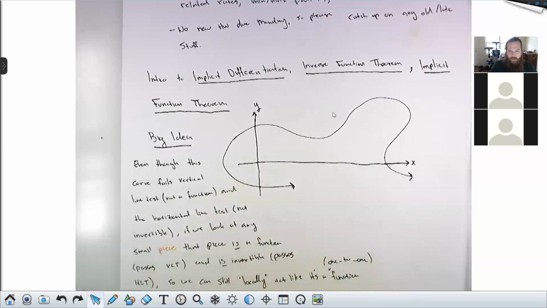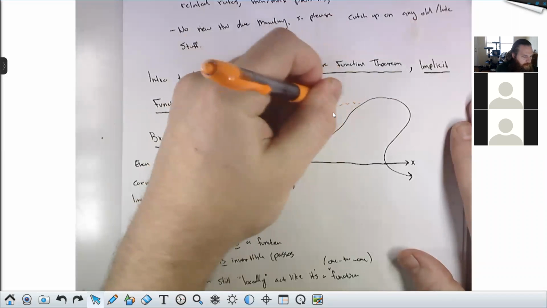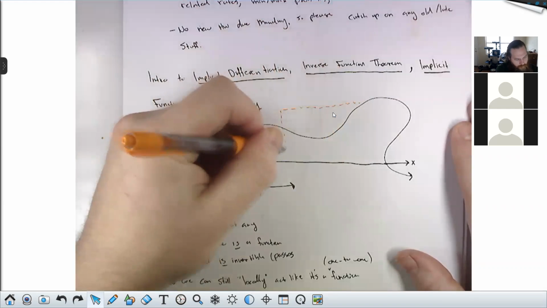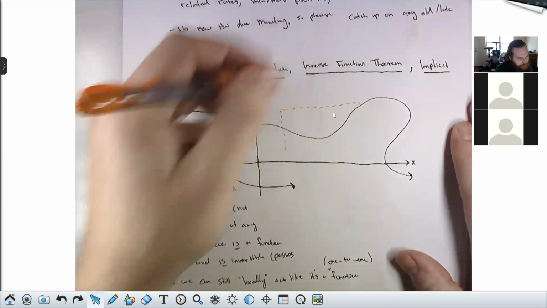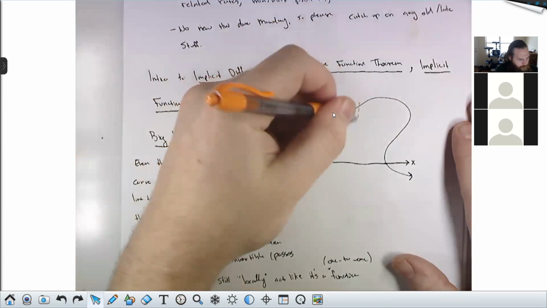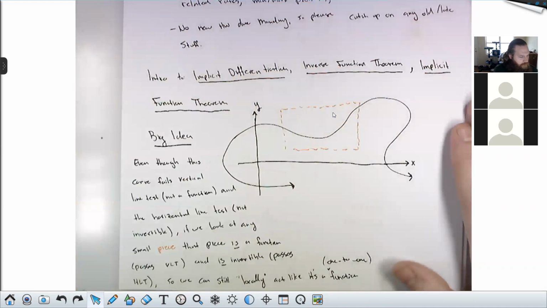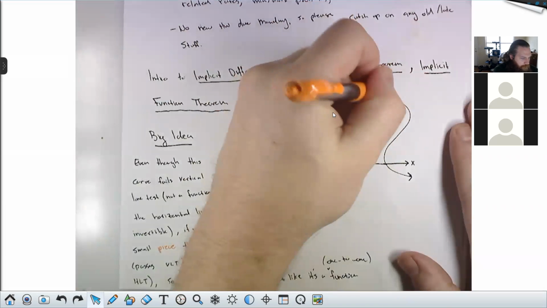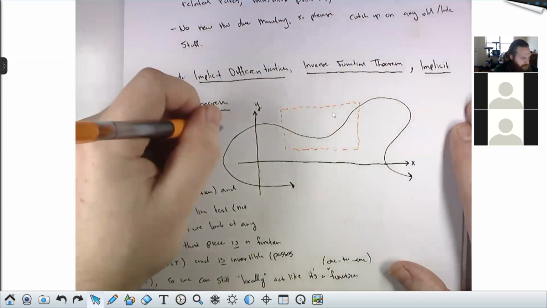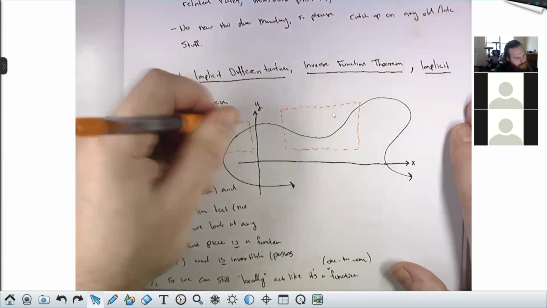Okay, and I put piece there in orange because I'm going to come in here and say, hey, just look at this piece. I guess if we look at that piece as a whole, it's not one-to-one, but if we just look at one tiny piece at a time, if I just look at that piece, or if I just look at this piece, right?